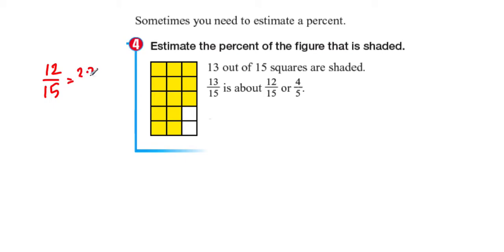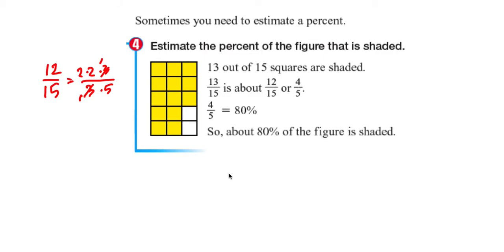This is 2 times 2 times 3, and this is 3 times 5. We cross cancel the common factors and end up with 4 over 5. We know from our table that 4 over 5 is equal to 80%. So about 80% of the figure is shaded.